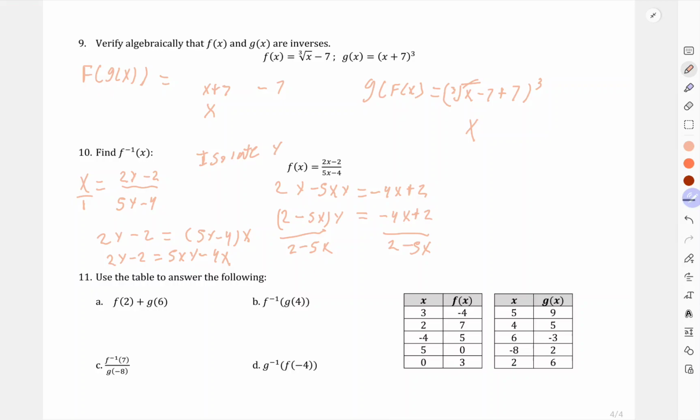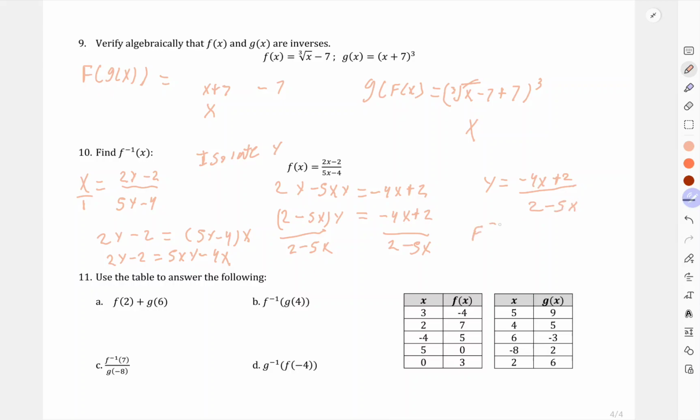So now all you have to do is, wait, let's backtrack a little bit. Oh wait, actually no, this is right. So y equals negative 4x plus 2 to negative, oh that's a z, that is not right, to negative 5x.